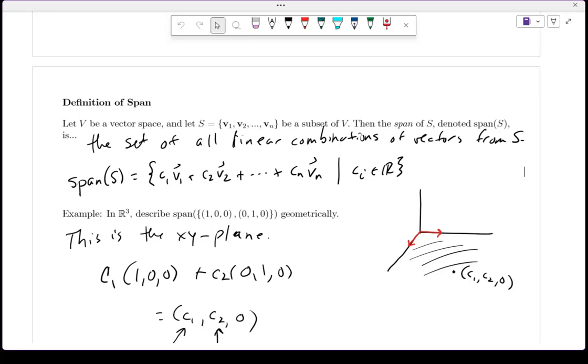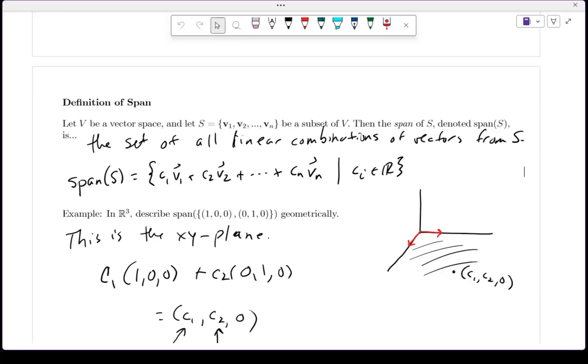When we did the set of all linear combinations of 1, 0, 0 and 0, 1, 0 in R3, we noticed that we could get any x coordinate we wanted by doing a constant times that first vector, and we could get any y coordinate that we wanted by doing some other constant times the second vector. When we added, we could get any x-y pair that we wanted, but the z always had to be 0. So geometrically, we ended up with the xy plane.